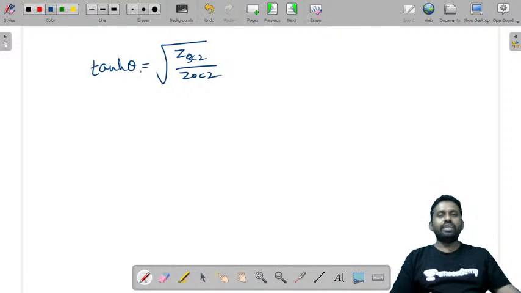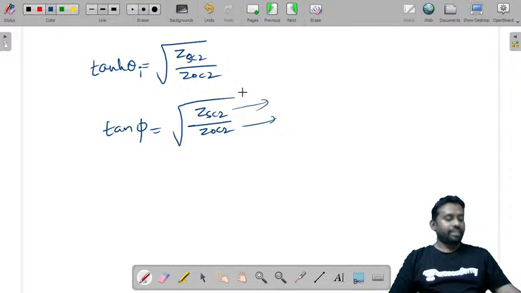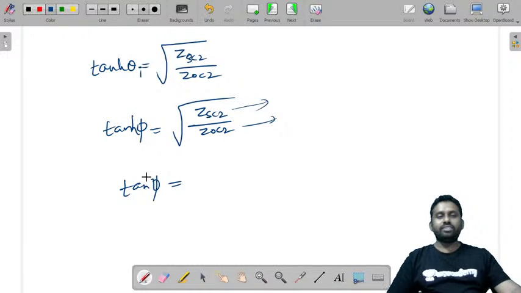So tanh phi is equal to under root of ZSC2 by ZOC2: the short circuit impedance measured across the second port, and the open circuit impedance measured across the second port. Or you can also write tanh phi is equal to under root of BC by AD in terms of ABCD parameters.